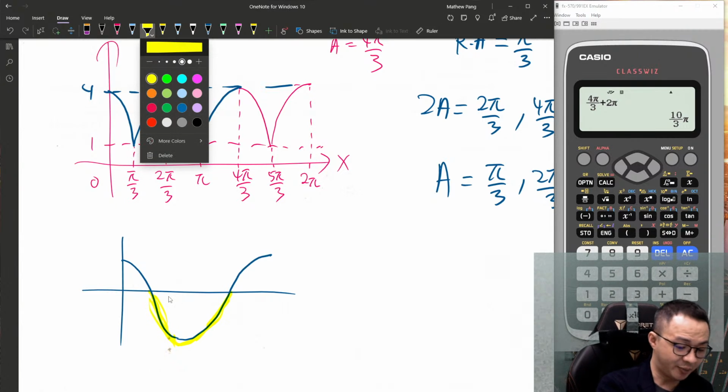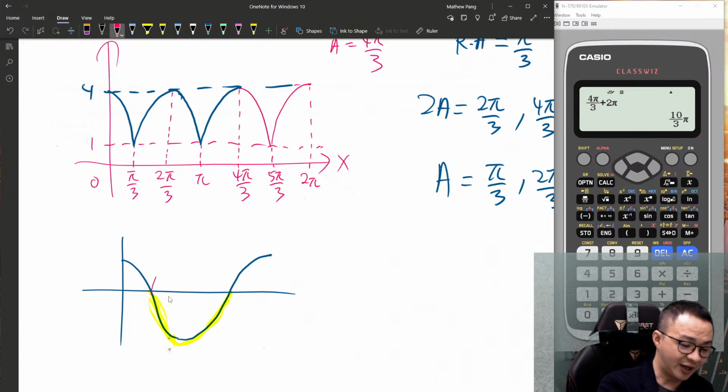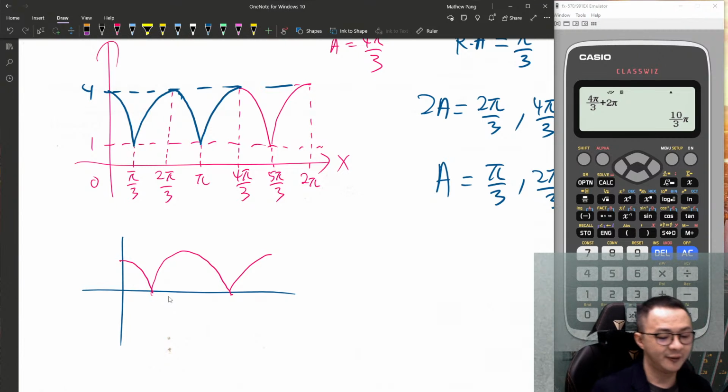So whatever is at the bottom here is going to do a reflection like this. This is the reason why you see something look like a W happen. So your whole graph for modulus should look like this. Now at least you have some idea how the modulus cos graph will look.